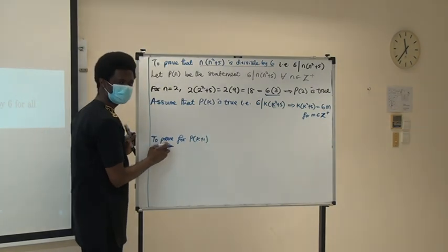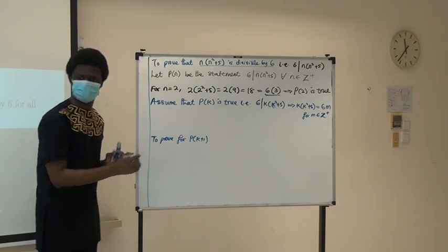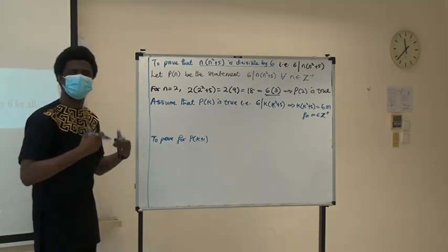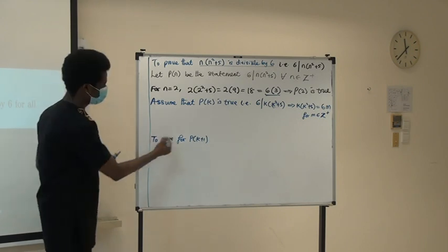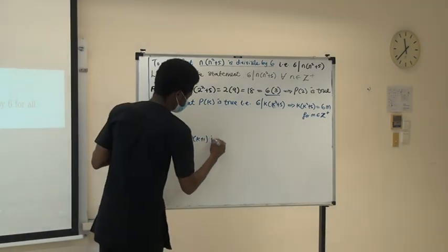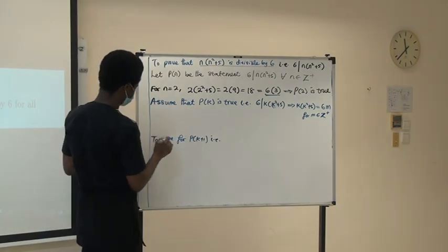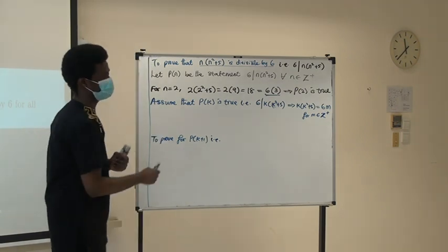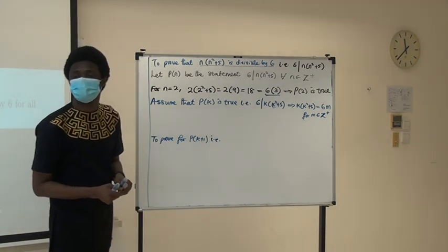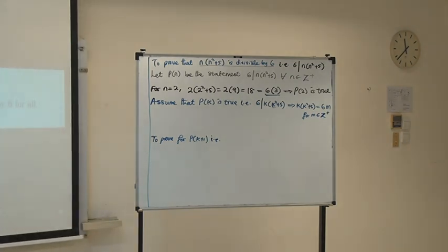To prove for these, I'm not just writing P1, P2, PK plus 1, no. You are teaching somebody on your paper, even though the person cannot see you, right? To prove this, you can say when n is equal to K plus 1. When n is equal to K plus 1, that might be a better way to put it. Of course, that's what we want to prove.